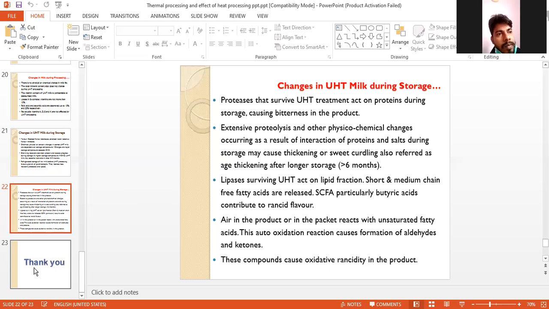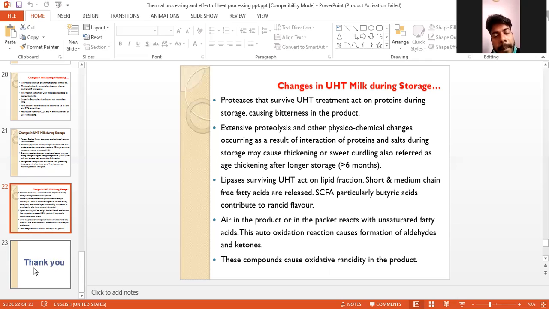And lipases, we have already told you that when we utilize chilled milk for UHT processing, the chilling actually encourages the growth of psychrotrophs, and psychrotrophs are responsible for such types of defects.